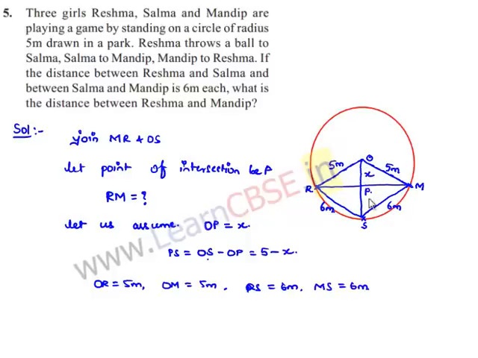Here also we assume that OP is X and we got PS is equal to 5 minus X.